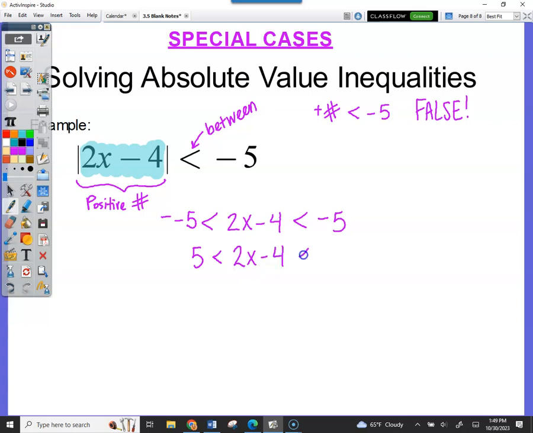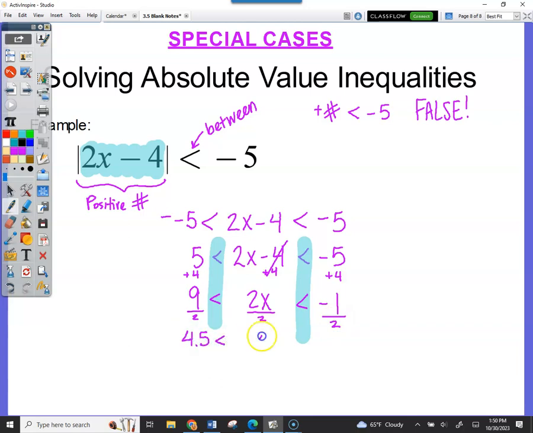See it now? So I'm going to solve this. Add 4 to both sides. Then divide by 2. I'm going to write this as a decimal, just for graphing. 9 over 2 is 4.5.